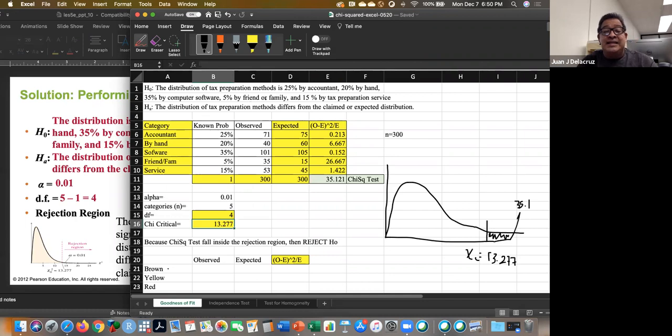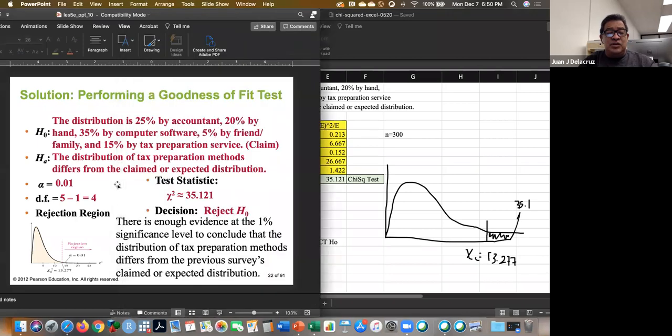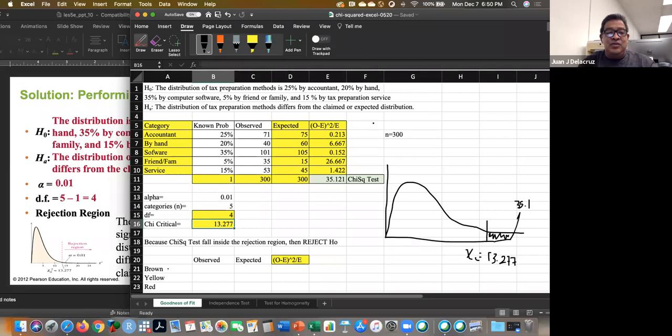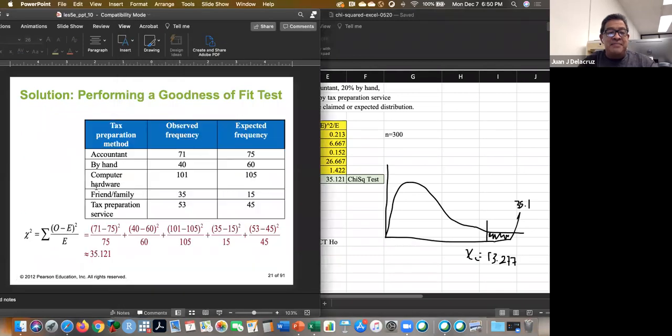I am saying that my distribution is different from the claim or the expected distribution. That's very easy to know. In this case, it's a very simple test. We have to do a lot of math, which is very trivial but kind of time consuming.